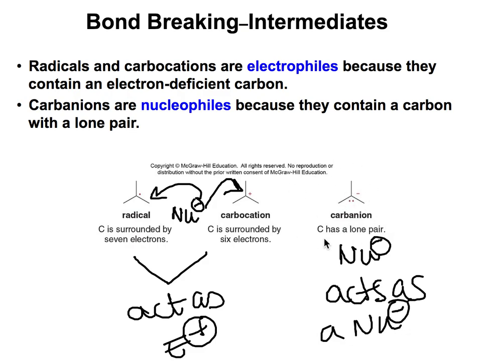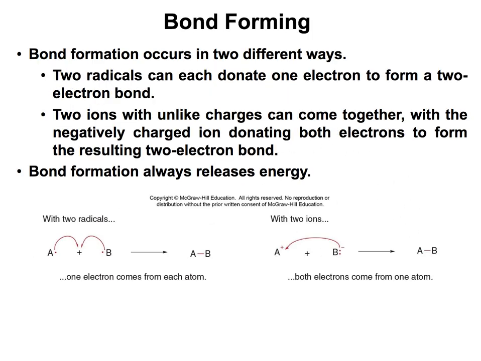Because it has this excess of electrons, and that makes it ready to go and attack an electrophile. In other words, you have a plus here that will accept the electrons, and here the carbanion will go and attack, because this is the electron rich.